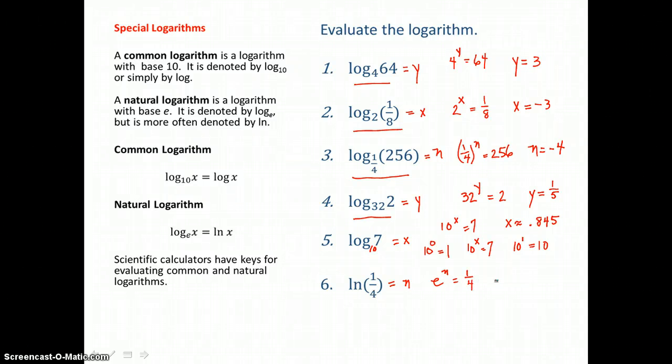And again, we're going to use our calculator to evaluate this power that we raise e to get 1/4. e is an irrational number, and we have a ln key or log base e key on our calculator, so use that now and take the ln of 1/4. So I'm getting negative 0.386 for a value for n. That is the power that you raise e to get 1/4.